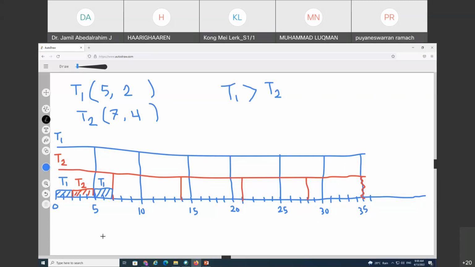Okay. Then task 2. How many units? 1. Only 1, yes. Then continue with task 2. How many units? 2 units.